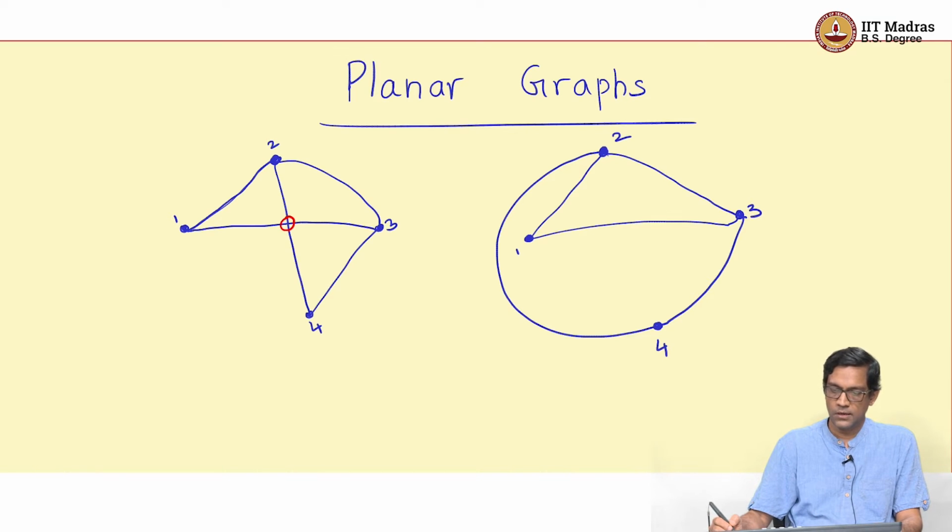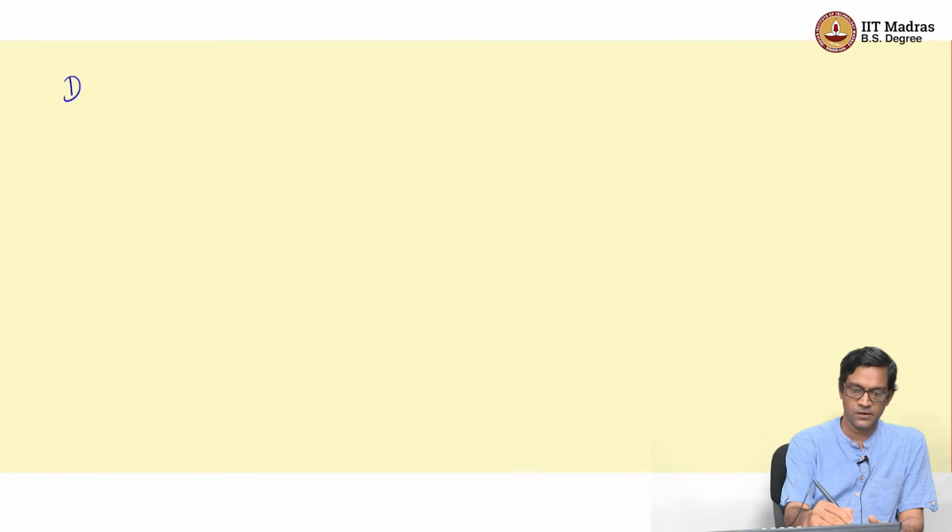Okay, so this sort of configuration, a graph which allows for a drawing in which the edges do not intersect, is what is called a planar graph. Let's try and define this.